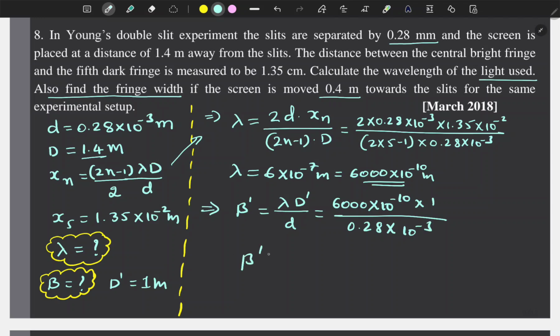If you calculate this, you will get somewhere around 0.0214 meter, that is 21.4 millimeter.